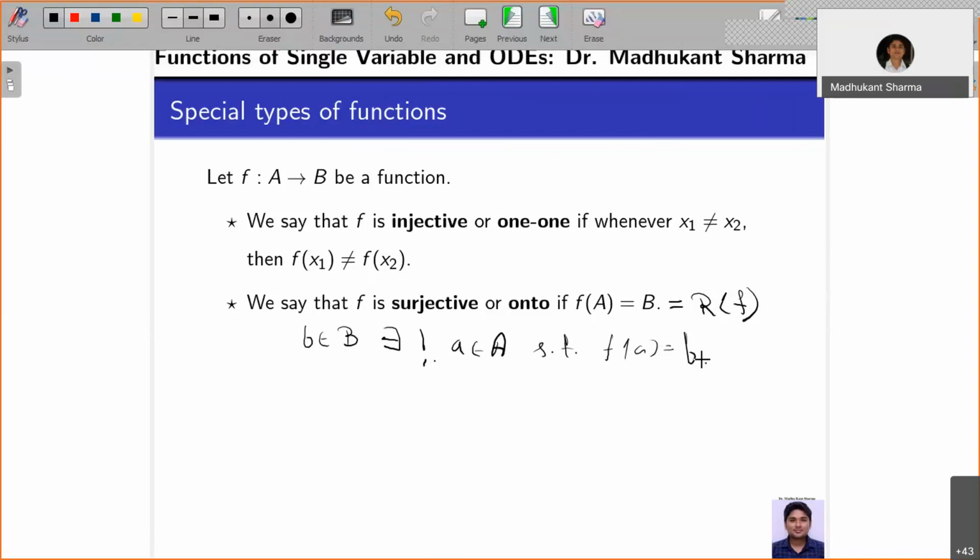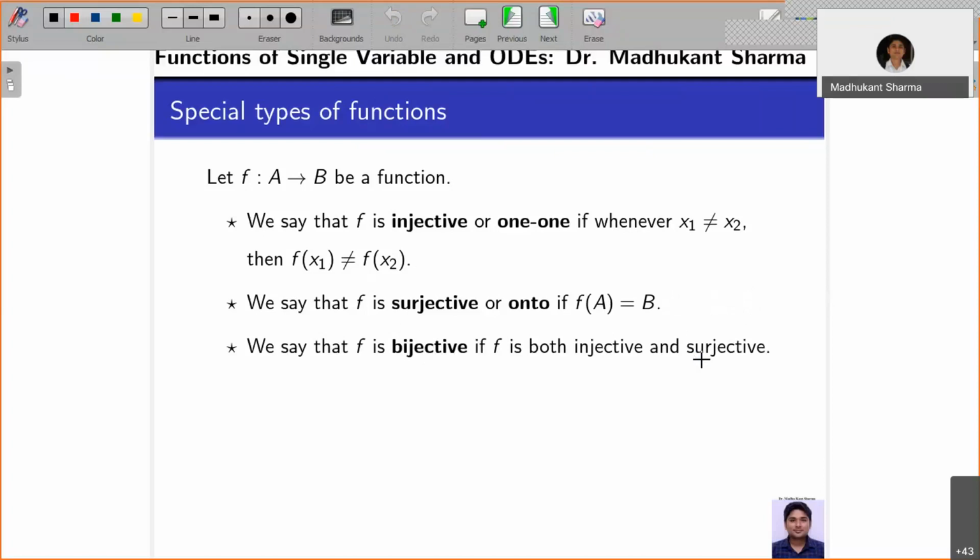So if it is injective and surjective both, we say that it is bijective, and then you can talk about the inverse. Right, so we say that it's bijective if f is both injective and surjective.